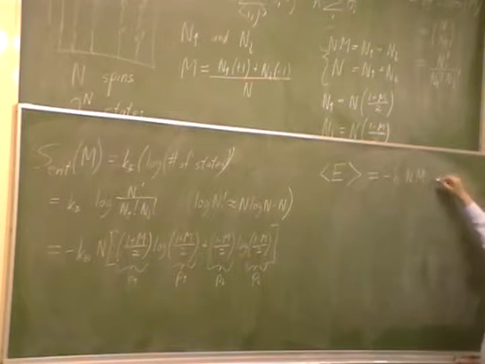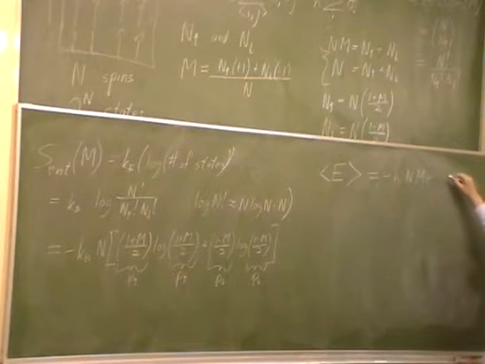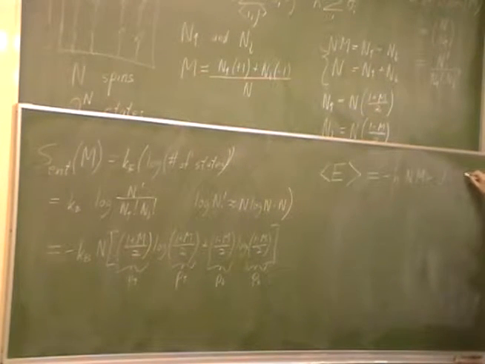So for the interaction term, I'm going to have a minus J times m squared. Now how many terms like this are there? Well, how many nearest neighbor pairs are there in the lattice? The number of nearest neighbor pairs is equal to the number of sites times the number of neighbors that each site has, divided by 2, because if I didn't divide by 2, I'd be double counting.